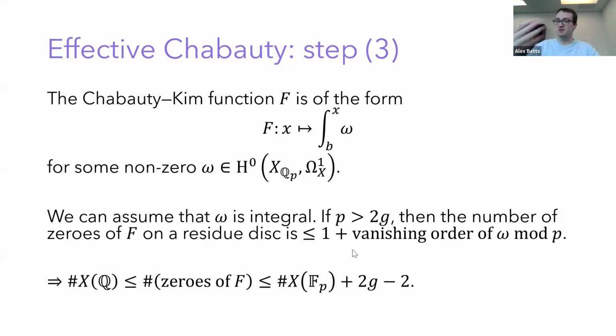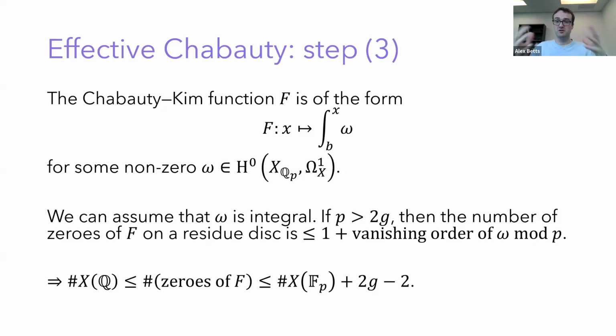So this is where Coleman's theorem comes from. You bound the number of rational points by the number of zeros of F, which we've just also bounded above. So that's where Coleman's theory comes from.